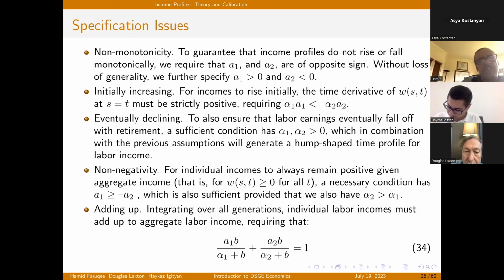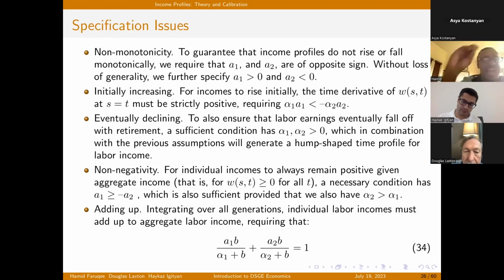You can think of people in their, say, mid-50s onwards, retiring at different times. You could think of the average income profile as capturing that averaging over those different retirement ages. And that's effectively what the income profile does.